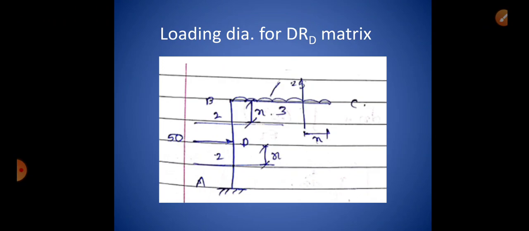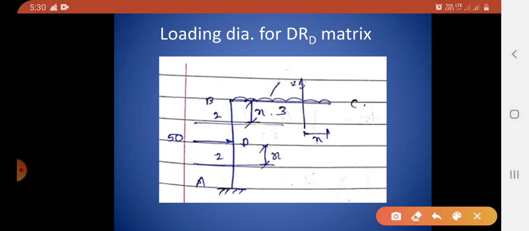Okay, now we will again go to this loading diagram for generation of DRD matrix. As we have discussed, we have divided this frame into 3 parts. Then I will take section 1 in the first part CB. So this is section 1 and I will write down the bending moment equation at this section. So I will consider all the forces on the right hand side of the section.